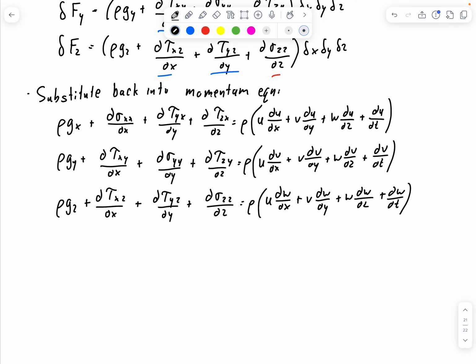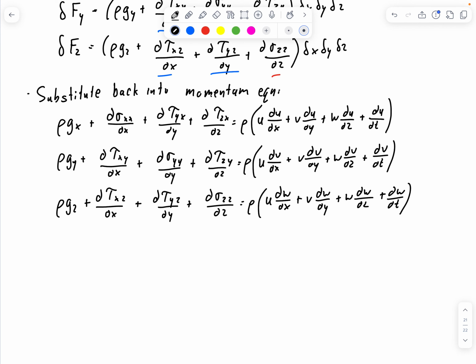And hopefully you see that pattern emerging. So in each case, for each component, we have our gravity term first. We have all the force terms on the left-hand side are gravity and our surface forces, and then on the right-hand side, we have essentially mass times acceleration.